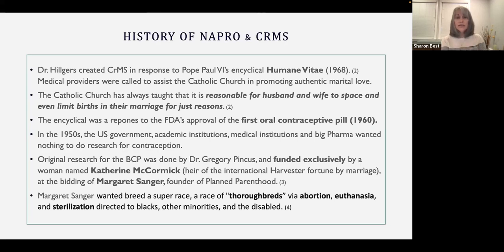She called them a race of thoroughbreds, by offering abortion, euthanasia, and sterilization to people who were of lesser worth in her eyes. And those people were poor, often African American, other minorities, and specifically also she felt that it would be advantageous for our society to rid themselves of the disabled.